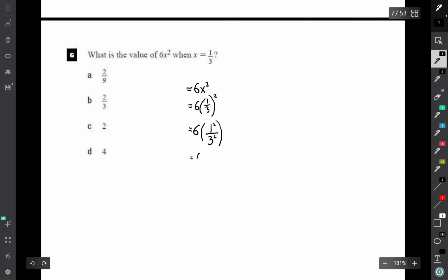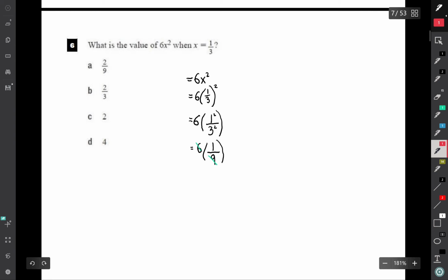So that's equal to 6. Well, 1 squared is just 1, isn't it? Right? 1 times 1 is 1. 3 squared is 9. So I get 6 times 1 over 9. All right, now I'm going to do some cross-simplifying. Remember cross-simplifying? Okay, so I know that between 6 and 9, I can rewrite that as 2 over 3.